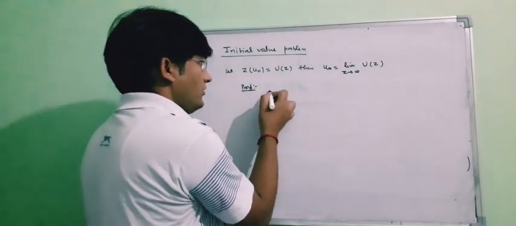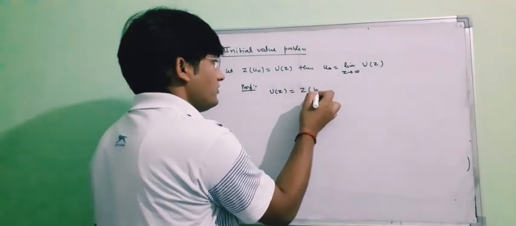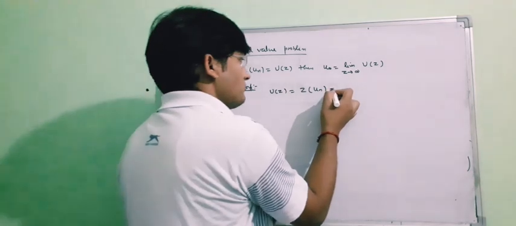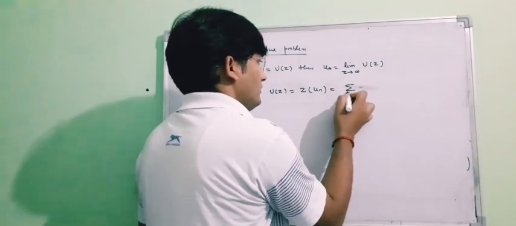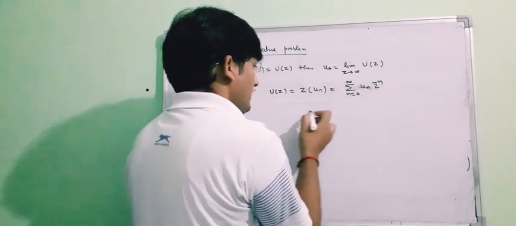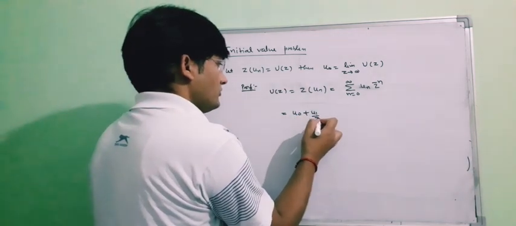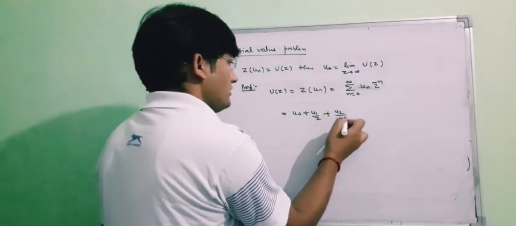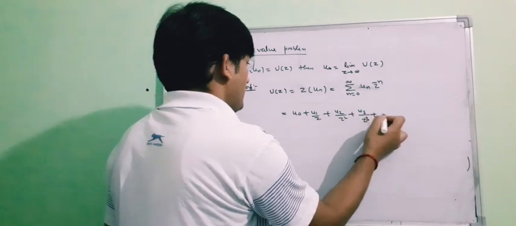The proof is very easy. We know that U(z) means the Z transform of un, and the Z transform of un is the sum from n equal to 0 to infinity of un z power minus n, and this is u0 plus u1 upon z plus u2 upon z square plus u3 upon z cube and so on.